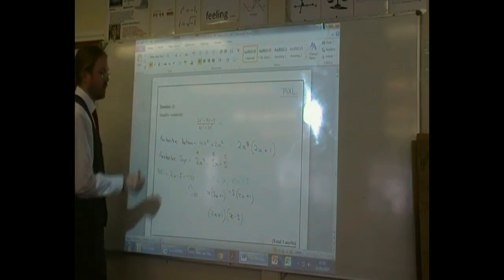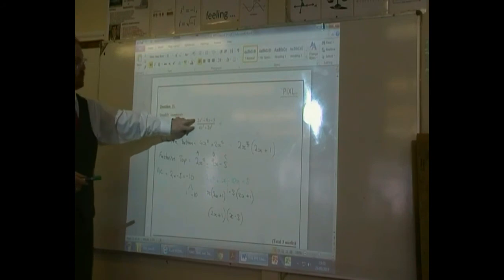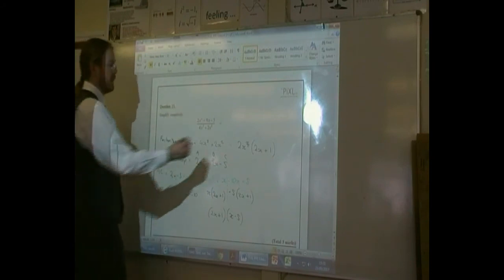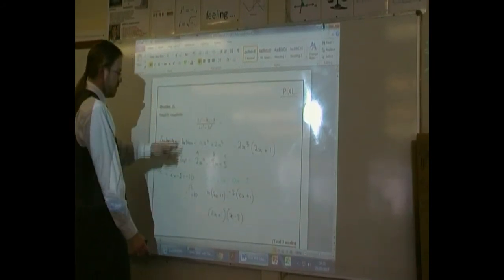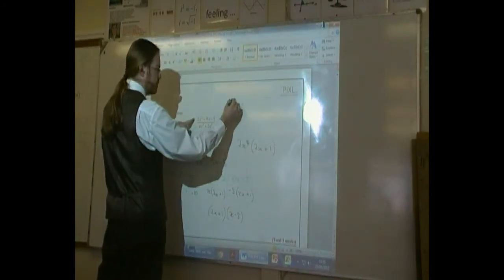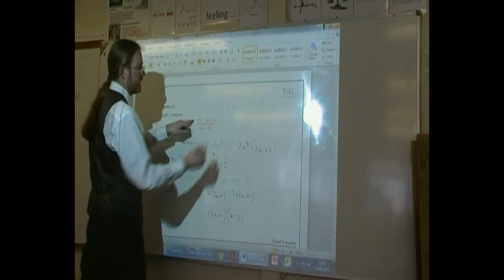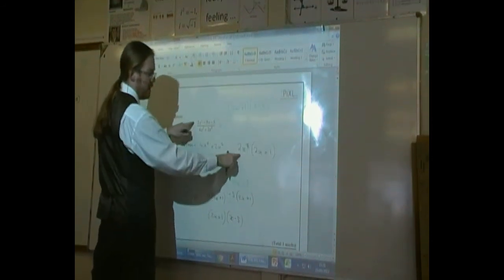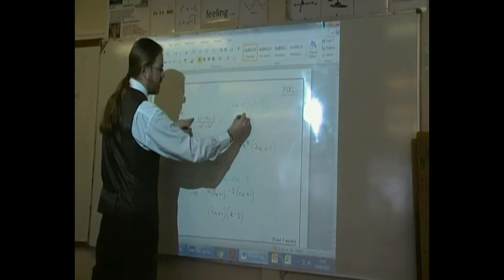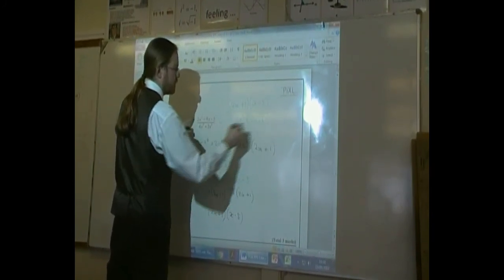I put that back into my fraction, so instead of the top there, we're going to have 2x plus 1 and x minus 5. Instead of my bottom, I'm going to have 2x squared and 2x plus 1.